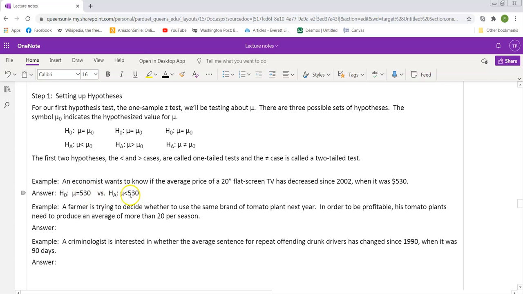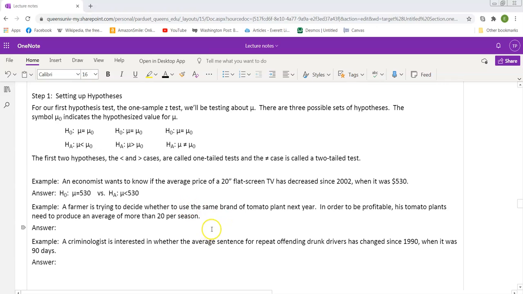This value here, the hypothesized value, will be the same on both of these, and this should be either mu equals or mu greater than or equal to for this case. All right, so how about you try the next 2. Pause the video and I'll give you a minute to try those.